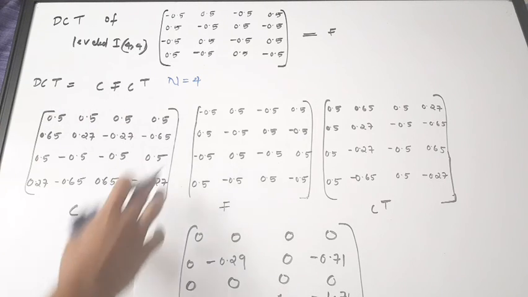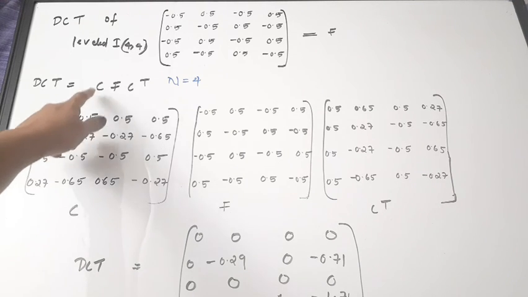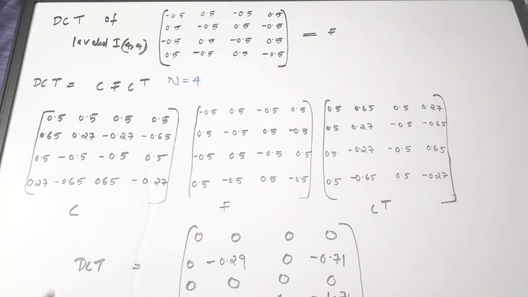So this is the C matrix or the DCT matrix, this is your given F matrix, and this is nothing but the transpose of the C matrix. So you have to take C, F, C transpose. Just reverse the columns and rows and you will get the C transpose. This C and C transpose are not symmetrical, so they are not identical. You won't get C equal to C transpose.